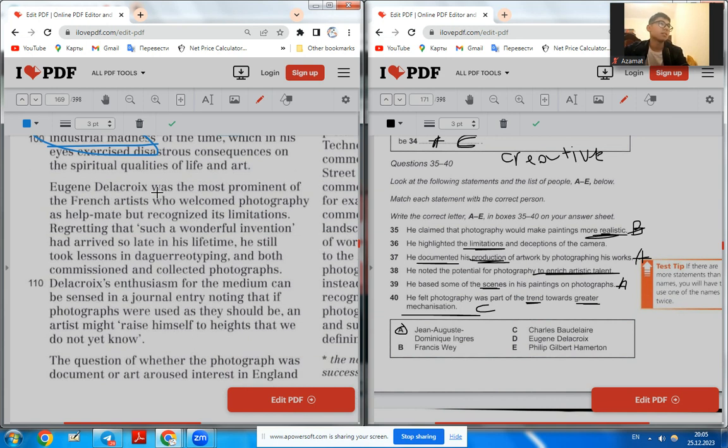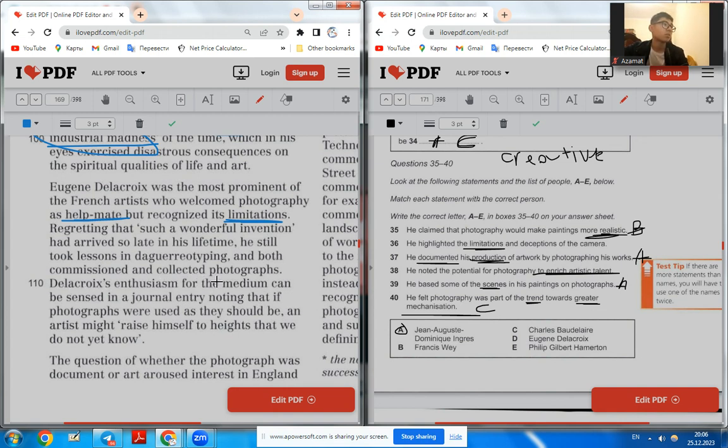Eugène Delacroix was the most prominent of the French artists who welcomed photography as helpmate, but recognized its limitations. Regretting that such a wonderful invention had arrived so late in his lifetime, he still took lessons in daguerreotyping and both commissioned and collected photographs.